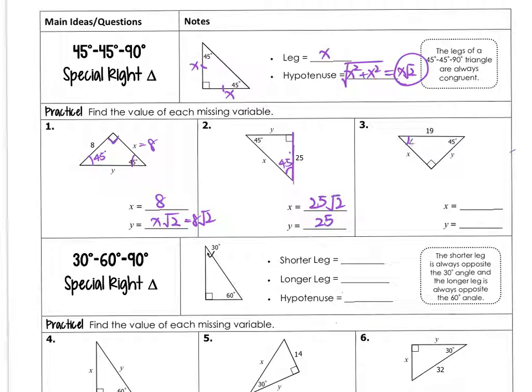So over here is 45. Now my x and y are the same, but my hypotenuse is given. If my hypotenuse is always one leg times root 2, then my x would be 19 over root 2. How do you simplify this?